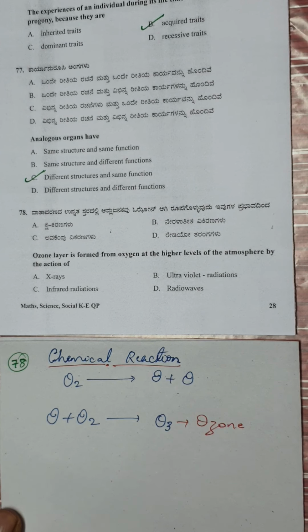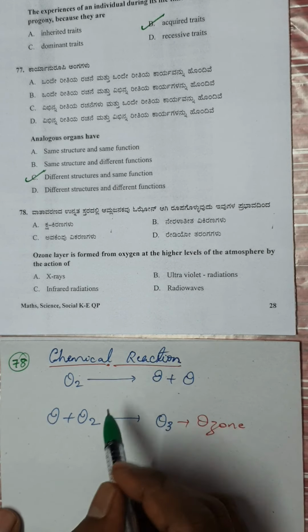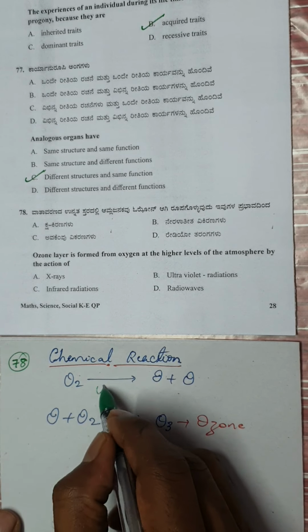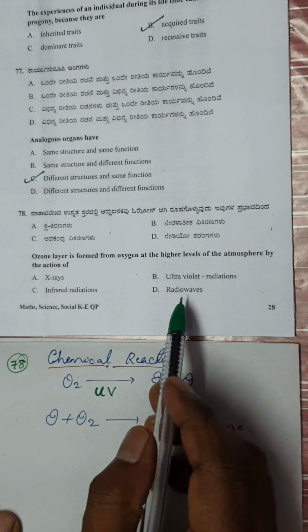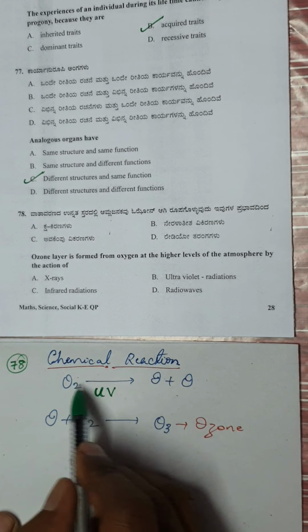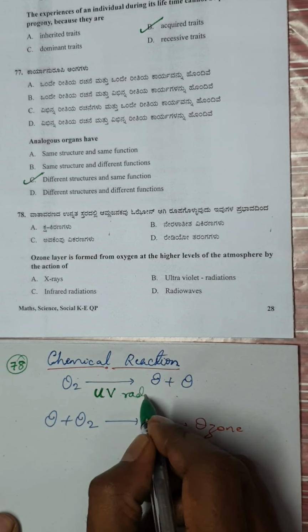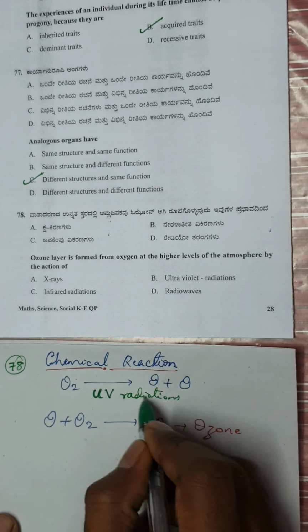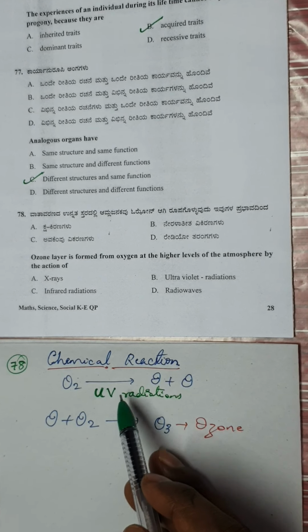The question is, which radiation is required for this to happen? Please don't forget, for the formation of the ozone layer, the very important thing is that this will happen in the presence of UV radiations. Is it clear? So this happens in the presence of UV radiations, that is nothing but ultraviolet radiations.